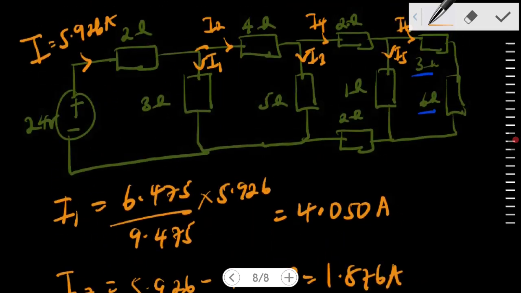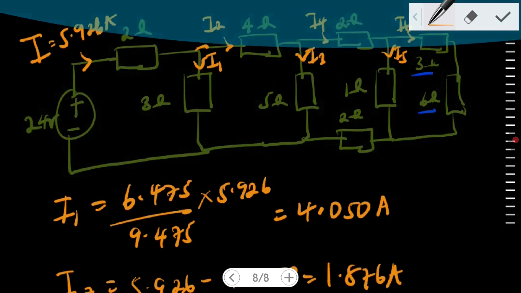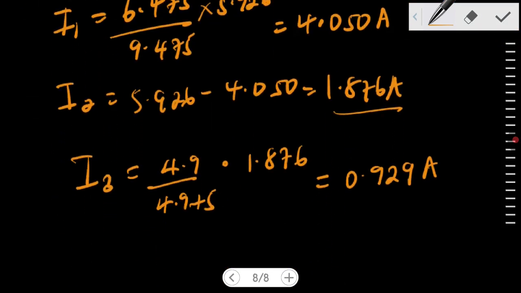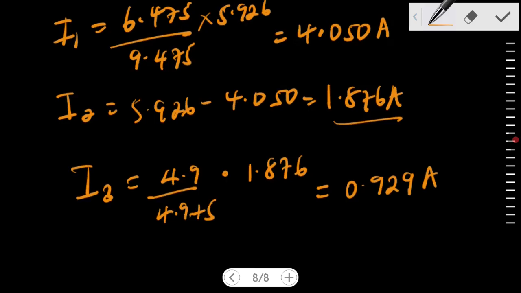Now, for us to get I4, in this case, we have to say that it is I2 minus I3, right? Which our I2 in this case was 1.876.